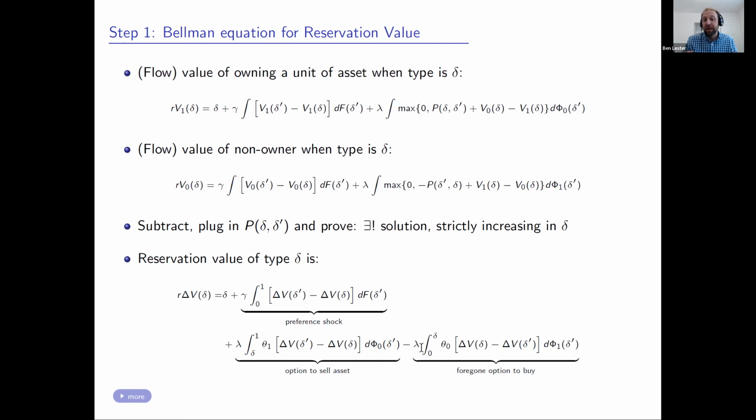I understand that by acquiring the asset right now, I forego the option to continue searching and maybe even find a better price. So the option value to sell the asset tends to increase my reservation value, right? The fact that I can resell this asset makes me like it even more. But the fact that I could have waited and gotten a better price decreases my reservation value, makes me more wary of buying right now.